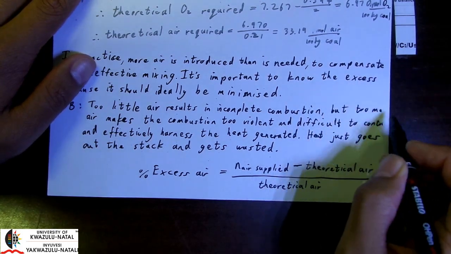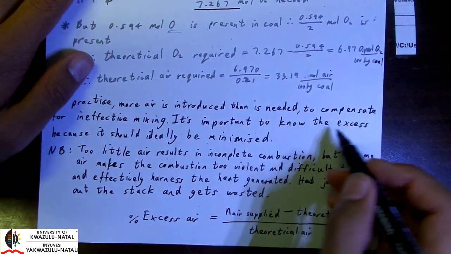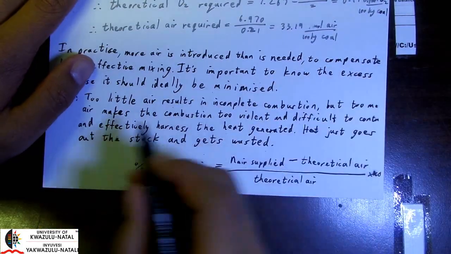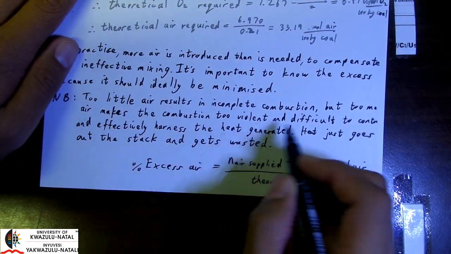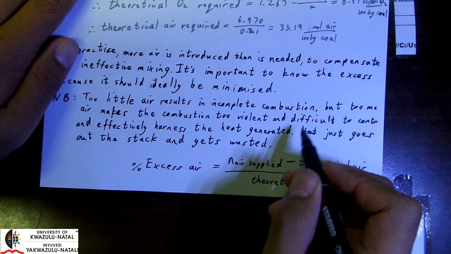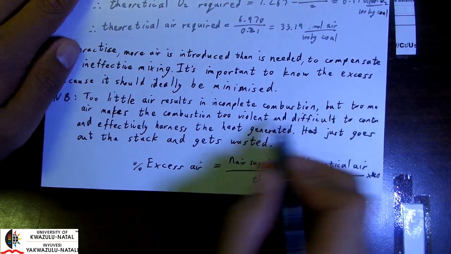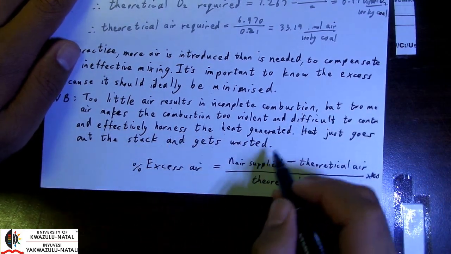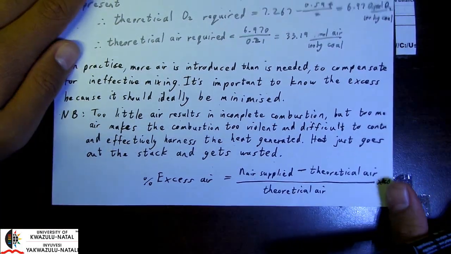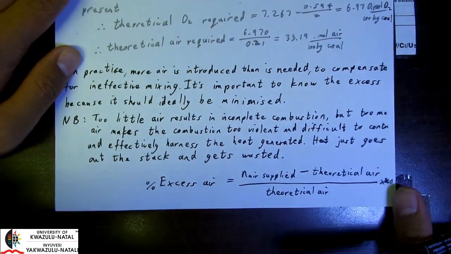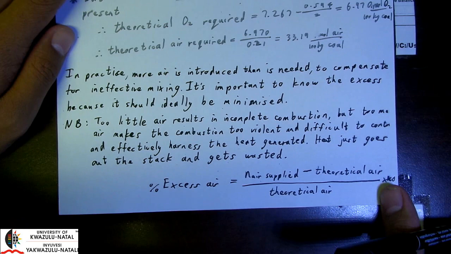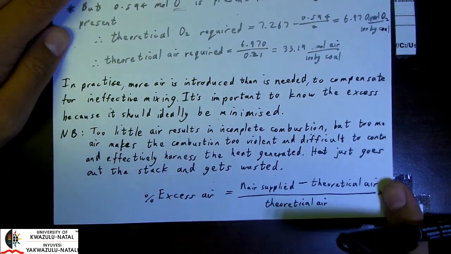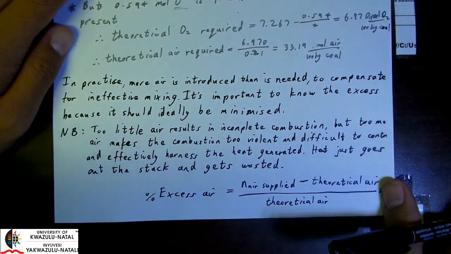However, if we have too much air or a very high excess, then it makes the combustion too violent and difficult to control. And also it's difficult for the effective harnessing of that heat. Remember, our combustion must generate heat, and that heat is typically used to heat up water to generate steam, and it's the steam that drives our turbines.